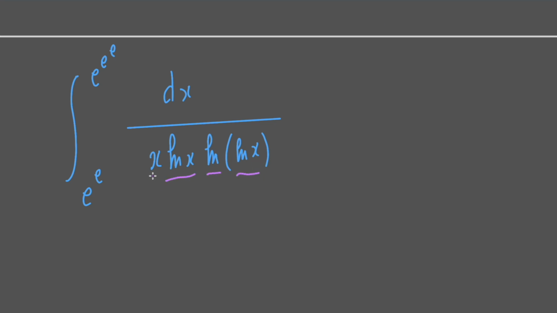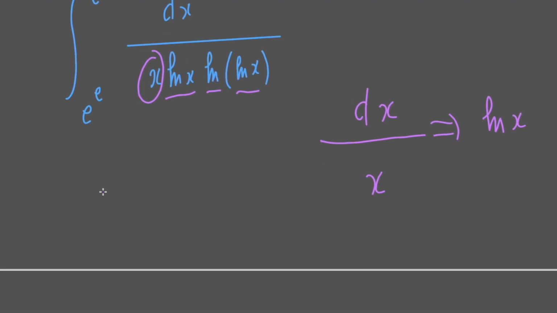Then you look at the denominator, we have x here, and we separate the dx and x, and this would be something like the derivative of ln x. Then obviously you can put u equal to ln x.